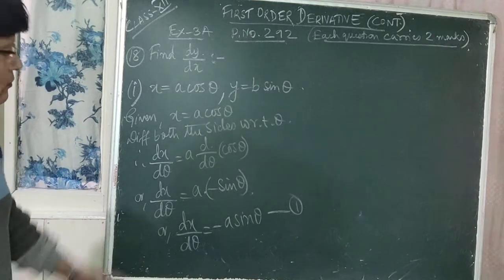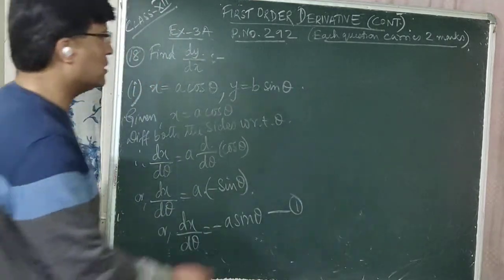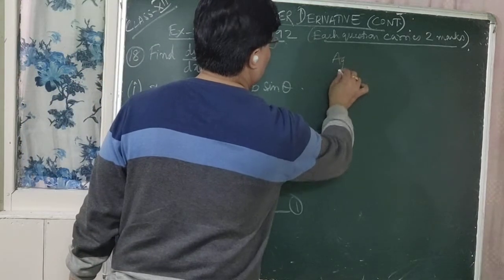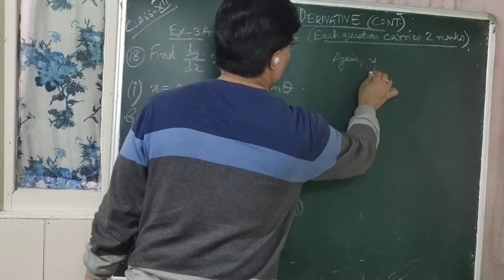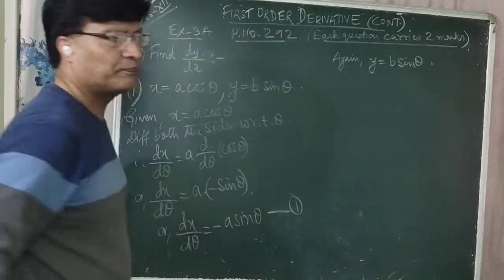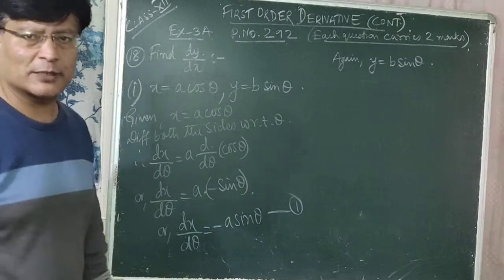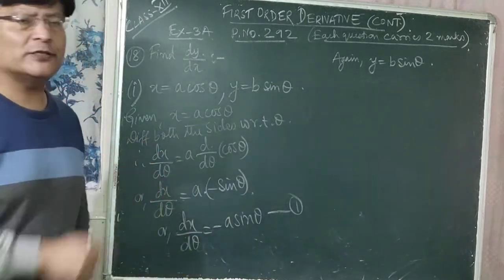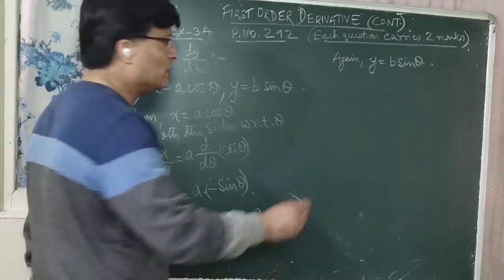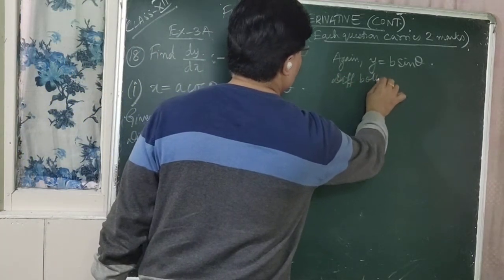Again, what is the second equation given here? y is equal to b sin theta. Let us find out dy by d theta. Here also y is expressed in terms of theta. So let us differentiate both the sides with respect to theta.